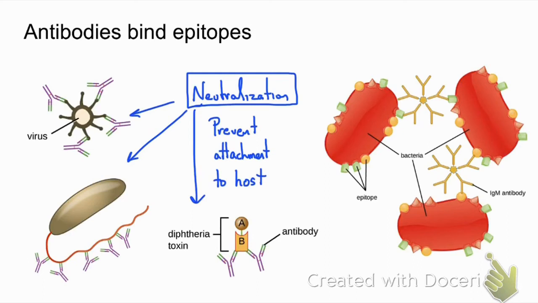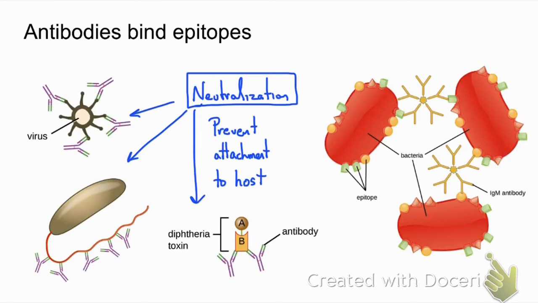We know that the viral spikes are required for viruses to attach to host receptors. The flagellum on a bacterium is also an attachment factor. And the B portion of this diphtheria toxin is required for the diphtheria toxin to attach to host cells.